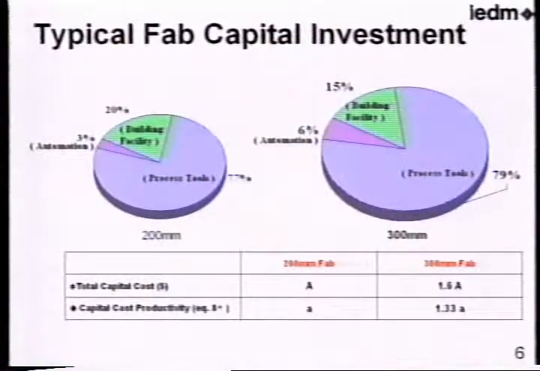All right, let's revisit the capital investment. Here's a pie chart that illustrates the cost breakdown between the 200 millimeter fab and a 300 millimeter fab. Say if you invest $1 billion to build a brand new 8-inch fab, it's going to cost you $1.6 billion to build a 12-inch fab.